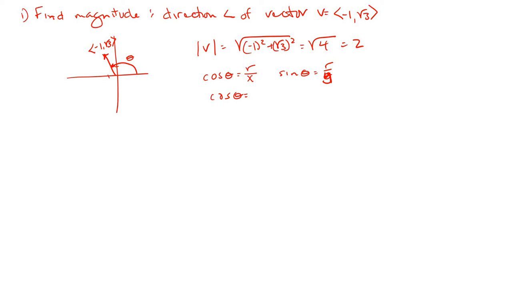I initially wrote them wrong; I knew that didn't feel right when I was writing it. So cos theta is going to be negative 1/2, sine theta is going to be √3 over 2, and the theta that meets both those conditions is 2π over 3, or 120 degrees. So magnitude using distance formula and finding the direction angle using our trigonometry.